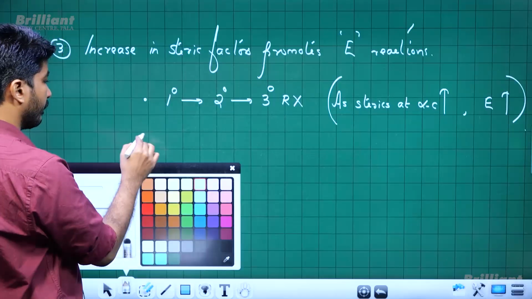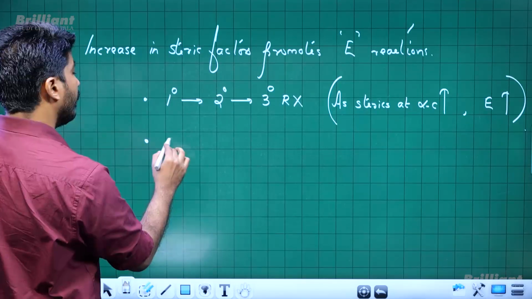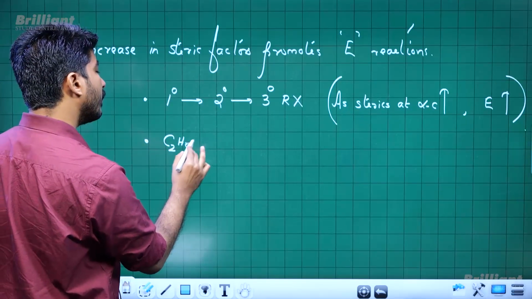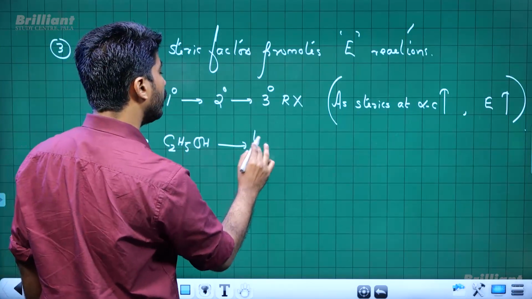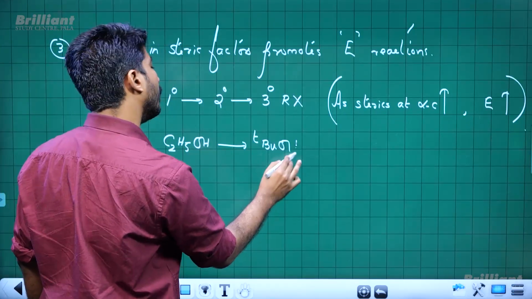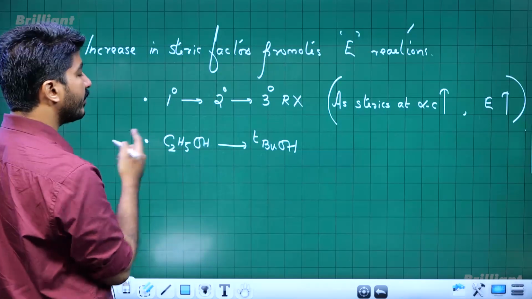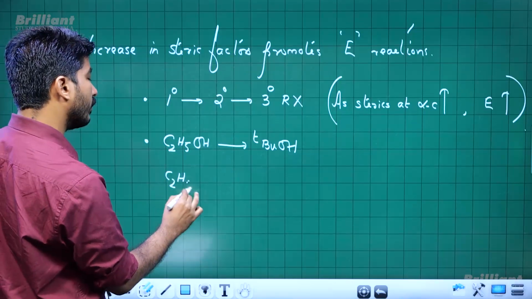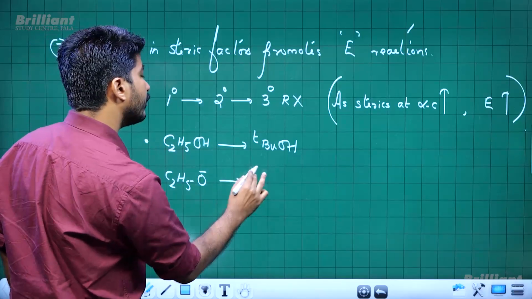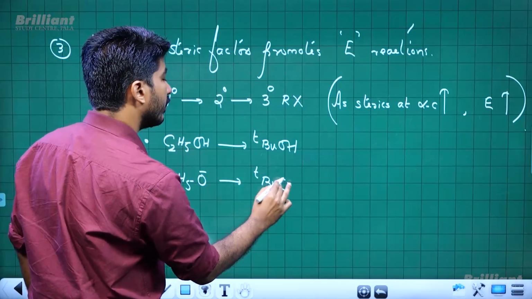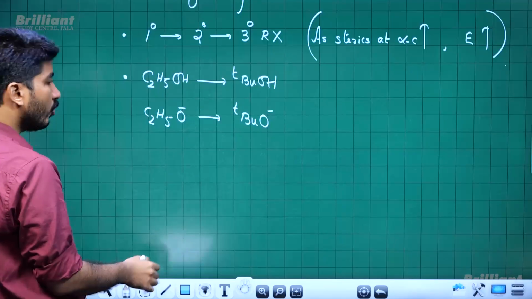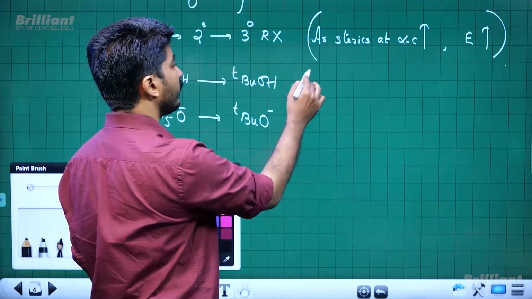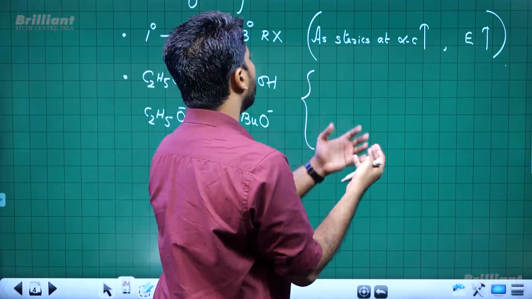Then, if we take tertiary butyl alcohol instead of ethyl alcohol or methyl alcohol, or tertiary butoxide instead of ethoxide, in both these cases, elimination gets more preference.